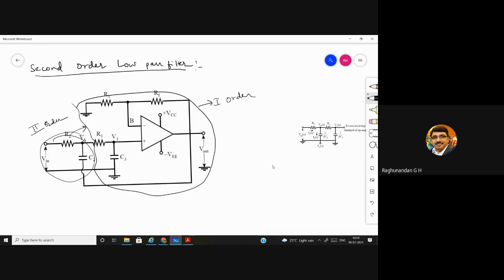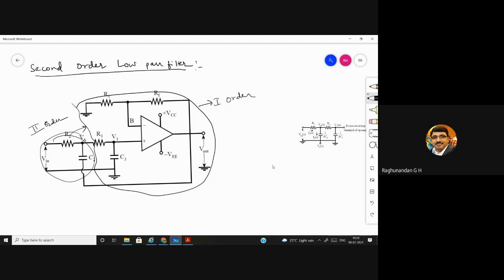It is very identical, but the only thing is the gain of the stop band is going to reduce faster. That is, we call it as roll off faster, and roll off rate is 40 decibel per decade, which is almost twice the first order filter, so that the gain will be immediately reduced.